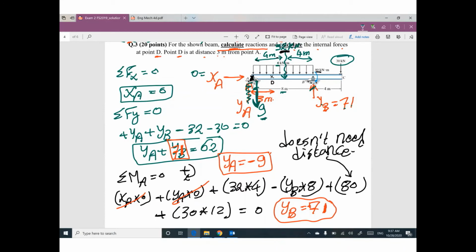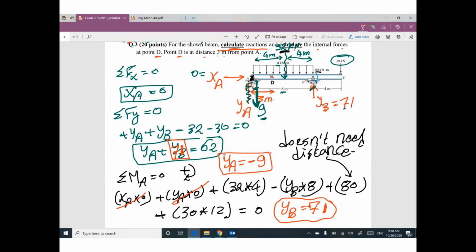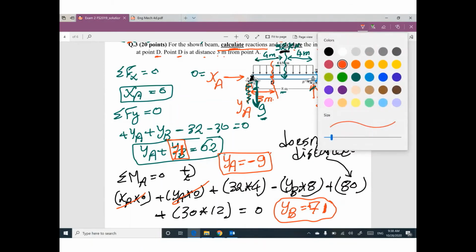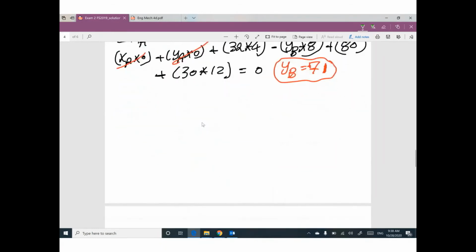Second part, we need to do cut. Where? At point D. And decide which side I'm gonna use. I will use the left part. It's very simple. So here is the part.